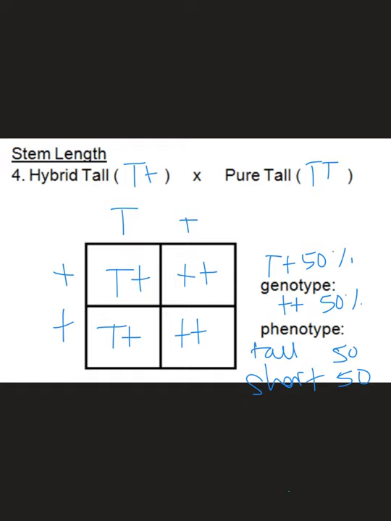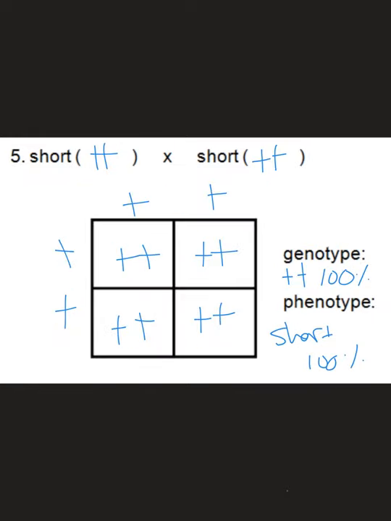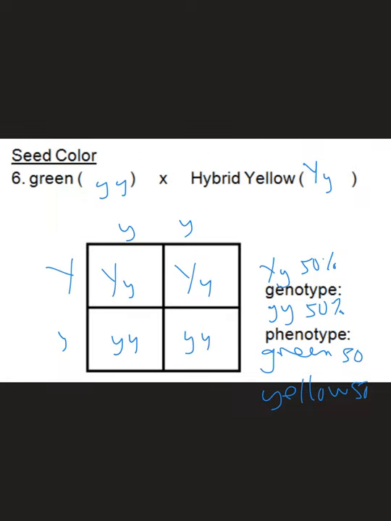Number 4, hybrid tall crossed with pure tall give you 50% heterozygous genotype and 50% recessive, which is 50% tall, 50% short. Number 5, short crossed with short, 100% recessive genotype and 100% short phenotype.